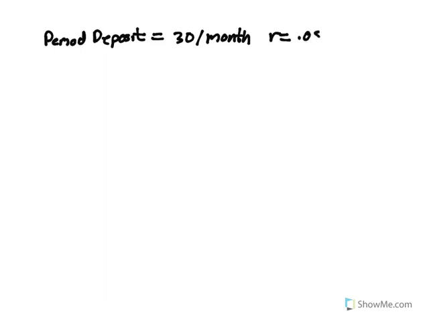So we have the initial information given. The periodic deposit will be $30 per month. The rate is going to be 5%, so 0.05.